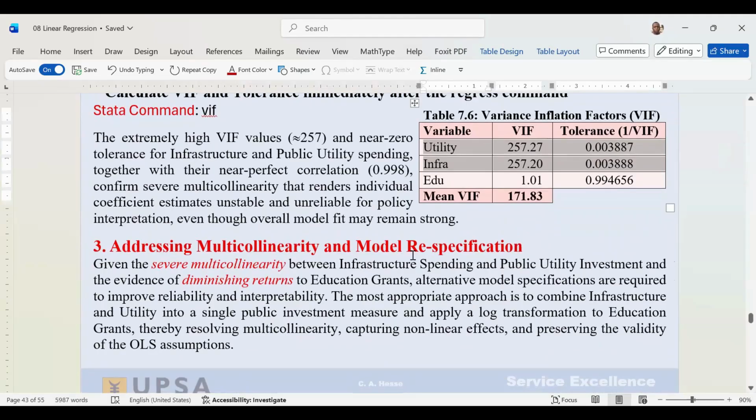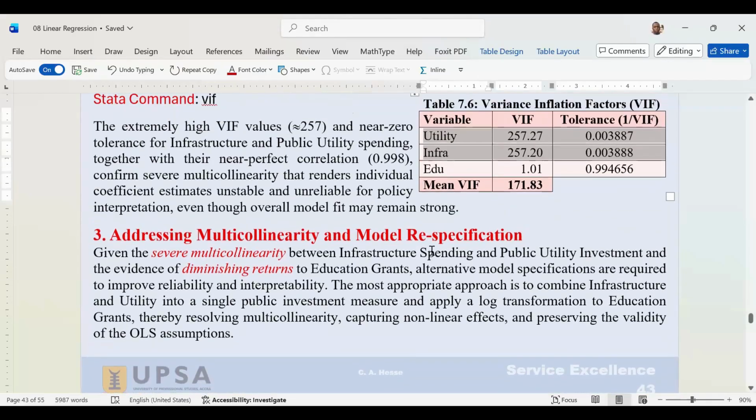Yes, Doc. So which assumptions have been violated in this study? Number one, I think it's only the multicollinearity assumption which has been violated. Yes. So how do you resolve it?